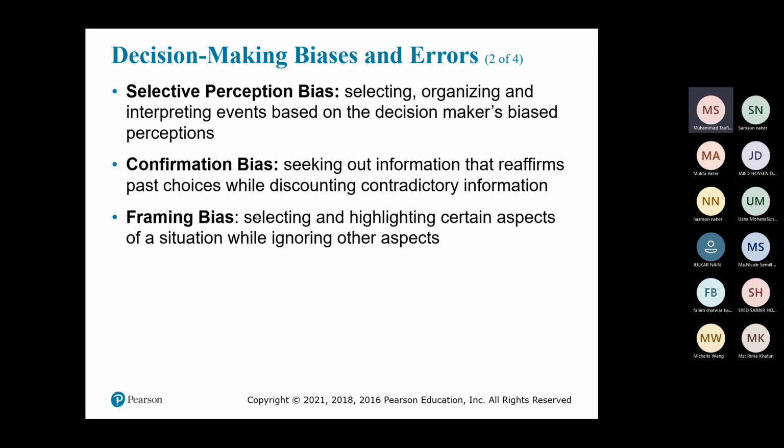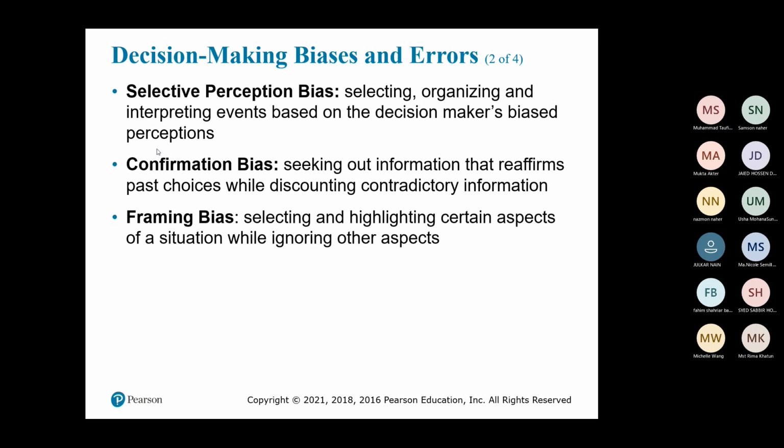And then the fourth one, selective perception bias: selecting, organizing, and interpreting events based on the decision maker's biased perception. In selective perception, you analyze the problem based on your perspective only. To be an effective decision maker, you must also take into consideration other points of view.